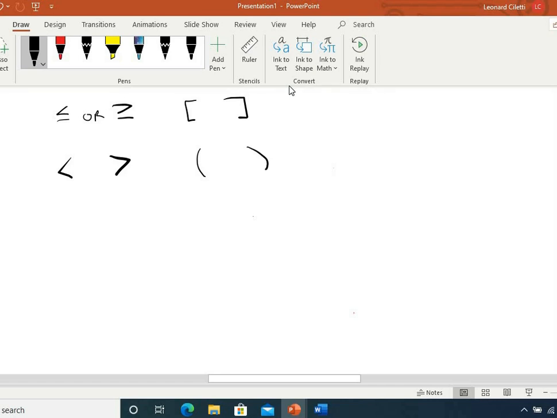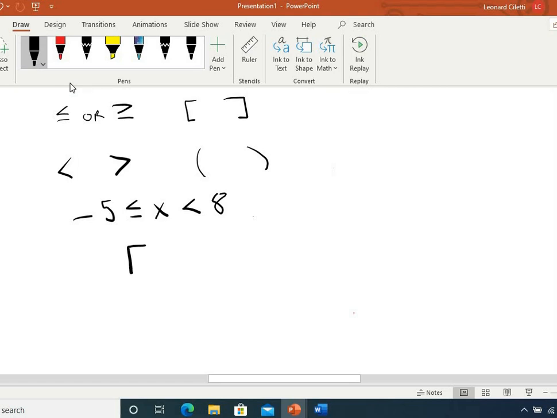So if I said something like negative 5 is less than or equal to x, which is less than 8, if I write that in interval notation, it's going to look like this.